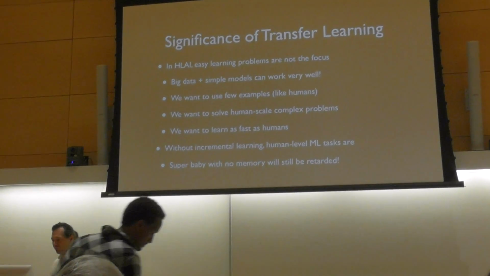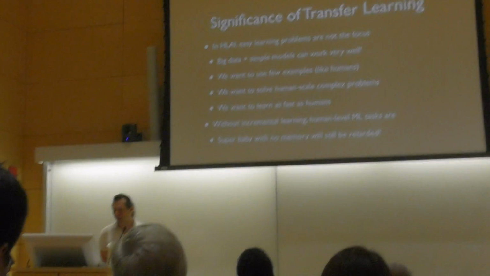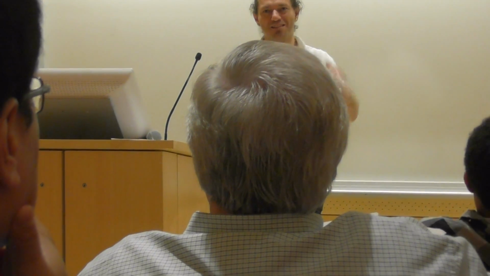I think transfer learning is a very significant problem in human level AI. And in this conference series, we are not very interested in easy learning problems that have already been solved. We always set our aims high, and we want to solve the problems that the smartest humans can solve, right?